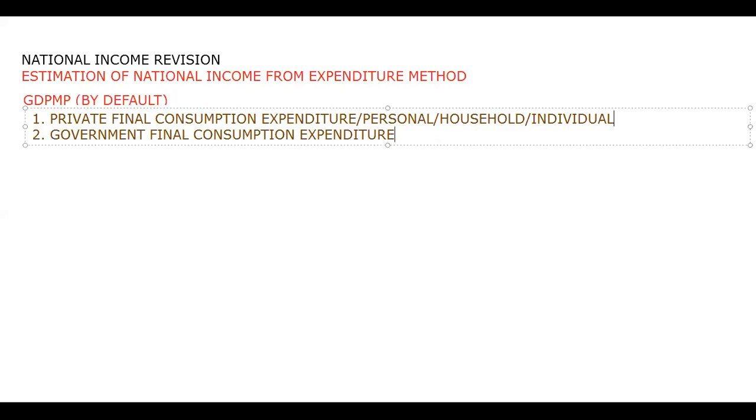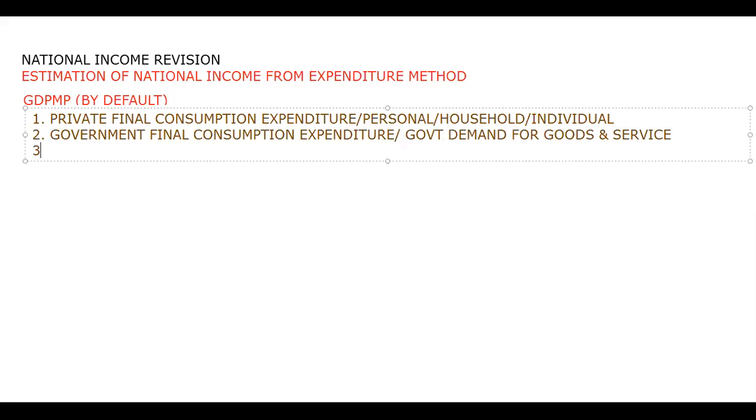It is also called government's demand for goods and services, which means what amount of expenditure government is incurring for various goods and services. You all know that the government also bears a lot of cost on providing services to the people.